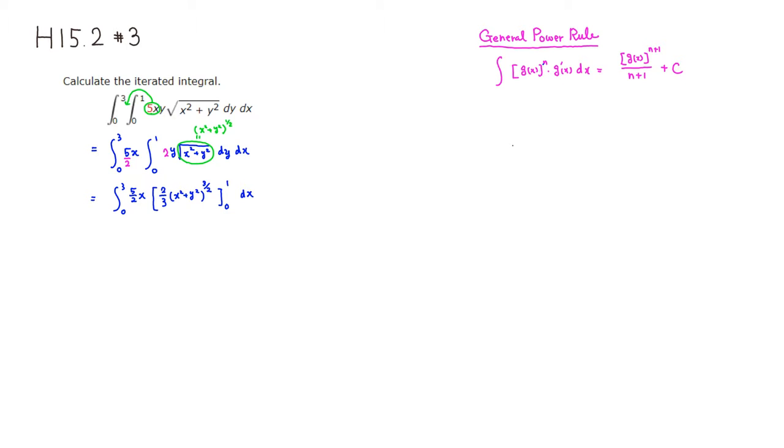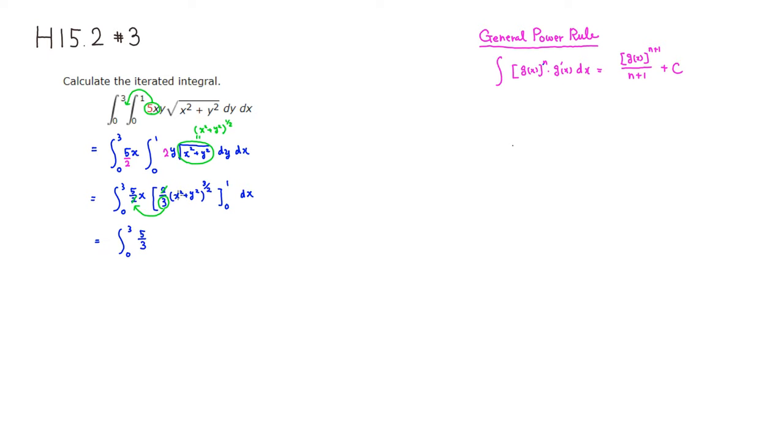Then we can do a little bit of cleaning up. You have a 2 on top and a 2 on the bottom, and I can probably move this out here. So what you get is an integral from 0 to 3, and you have a 5/3.